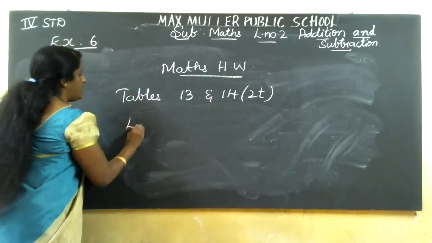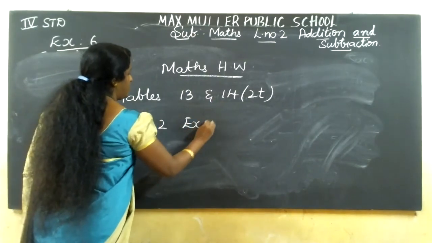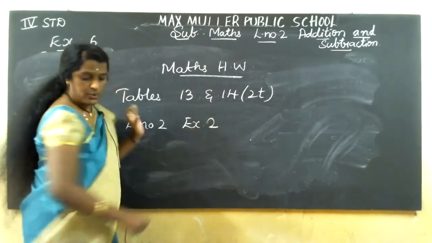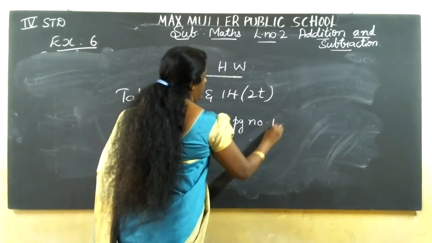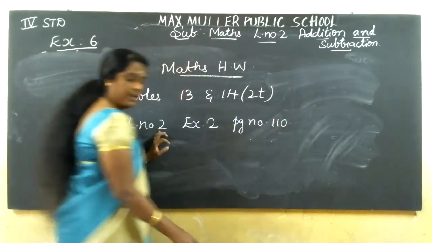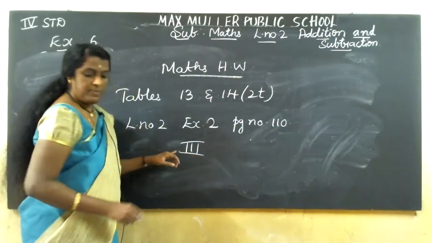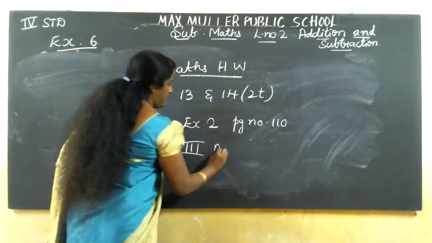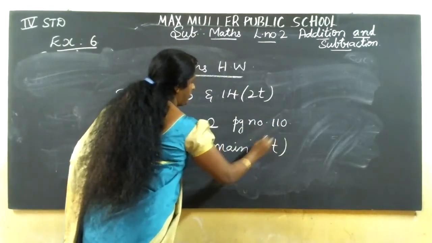So lesson number 2, exercise 2, page number 110, third main. Only one main is enough. Third main, one time.